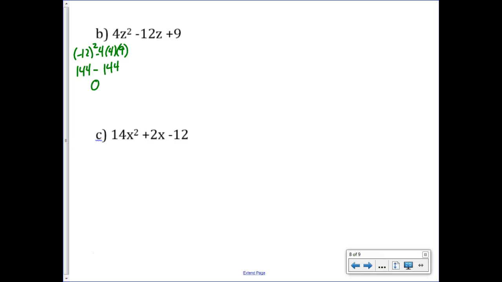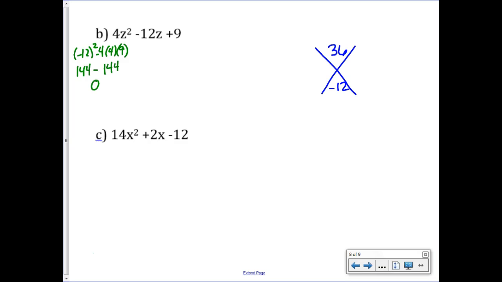Let's see, I can't pull anything out. There's no greatest common factor. So I'm going to start by looking for two numbers that multiply to 36, 4 times 9, and that add up to a negative 12.